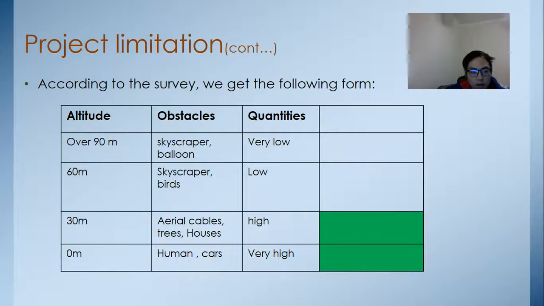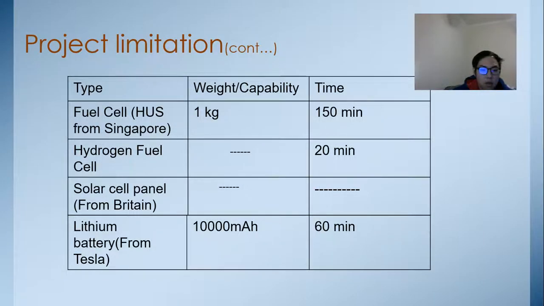And then I will talk about another limitation, the batteries. Our quadcopter has a weight limit, so it cannot carry lots of batteries. And here are some different types of batteries. The first one is a fossil fuel engine, and we researched these from a Singapore company.